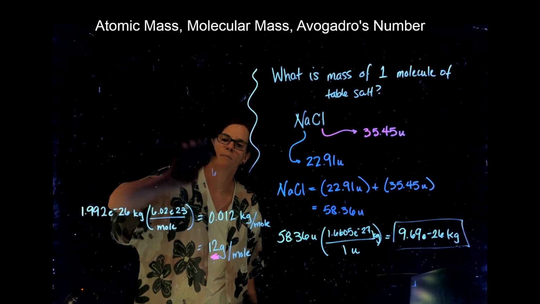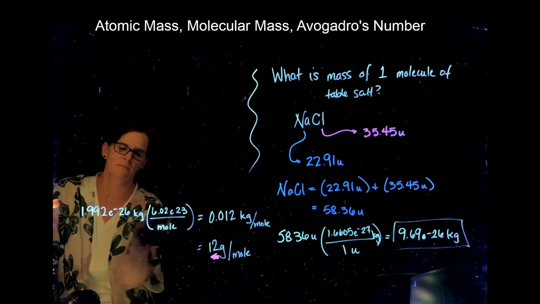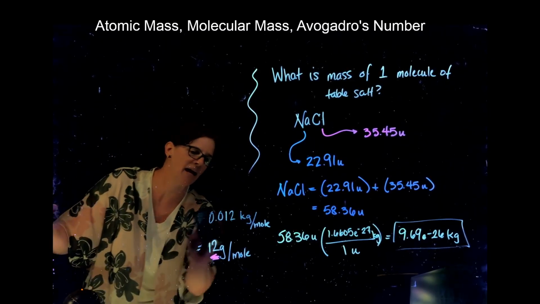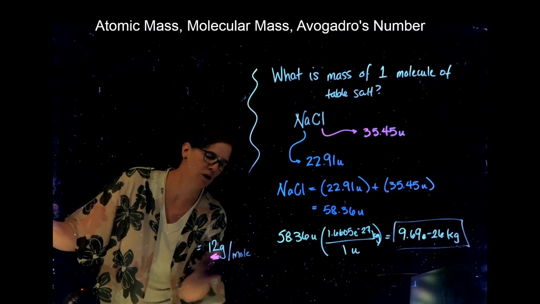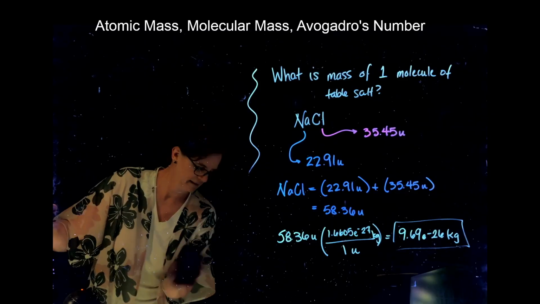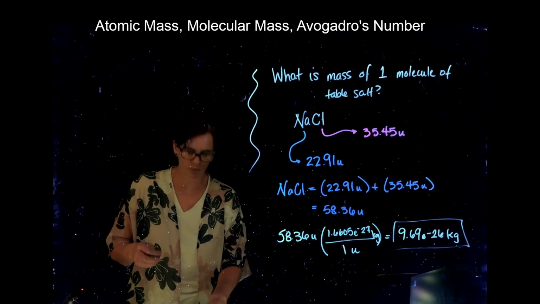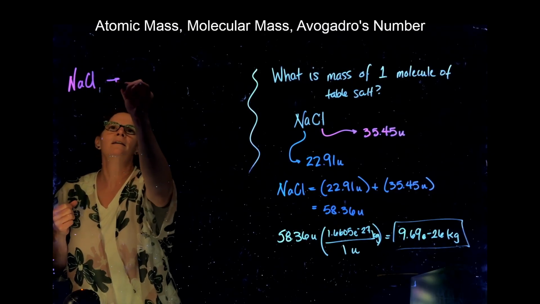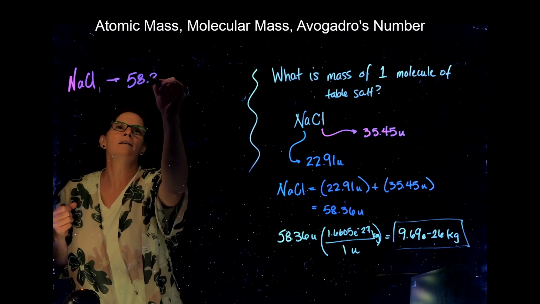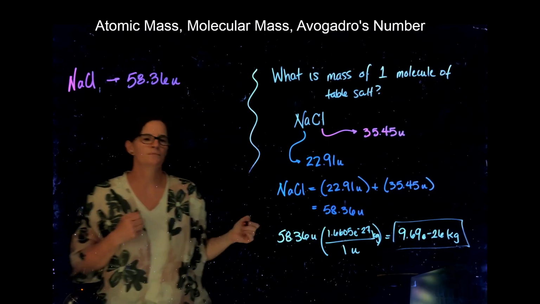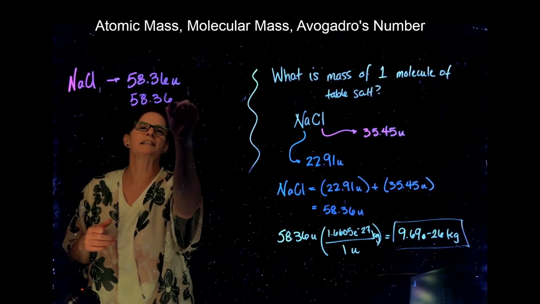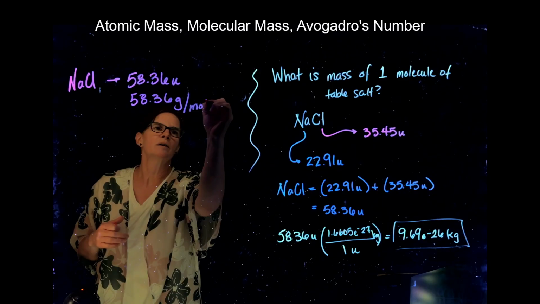So using the same process, but looking at the atomic mass as the number of grams per mole. All right. So we know that the atomic mass of a sodium chloride molecule is 58.36 U, or 58.36 grams per mole.